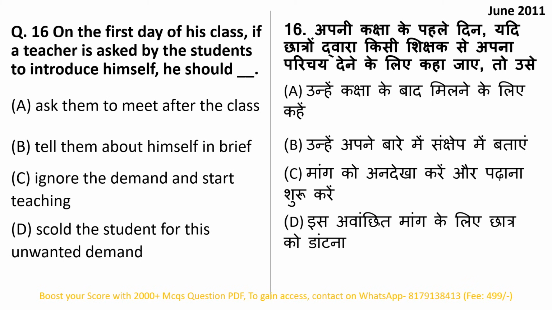Ask them to meet after class, tell them about himself in brief, ignore the demand and start teaching, or scold the students. Scolding is absolutely wrong. The teacher should not unnecessarily scold the students. The right answer is tell them about himself in brief. Brief means in short, not very lengthy. In a short manner, the teacher should explain to the students.